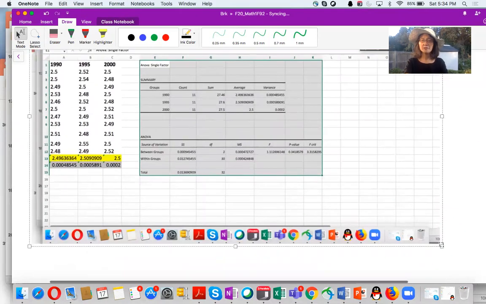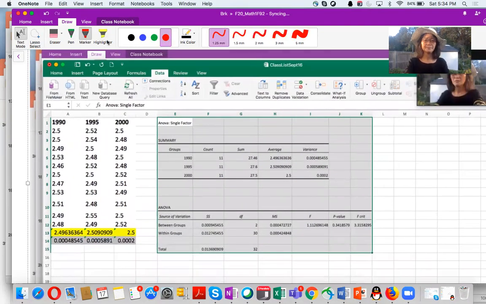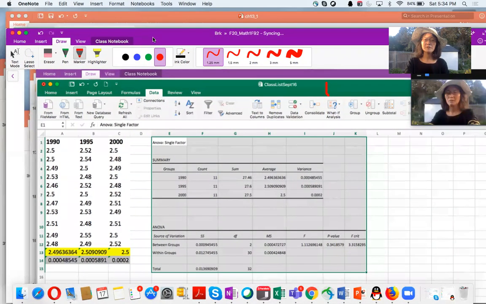Make the font bigger. And when you have this output, how do you make a decision? How do you know whether the three means are the same or different?